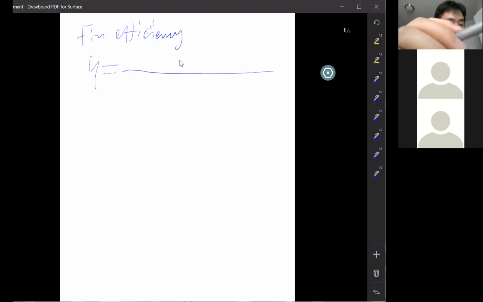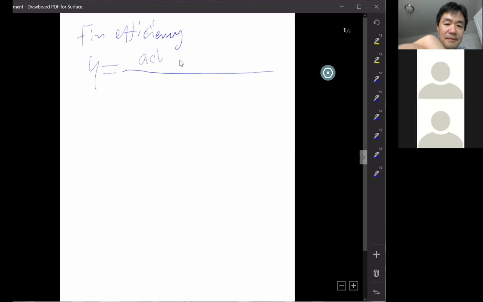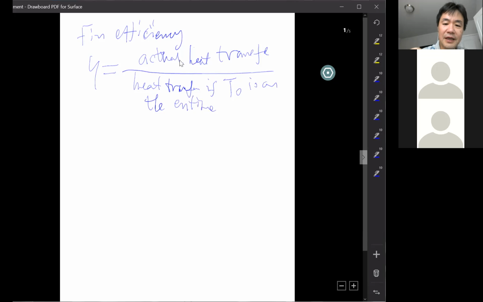Efficiency, the definition is the actual heat transfer from the fin, divided by the heat transfer if the temperature T naught is on the entire fin.